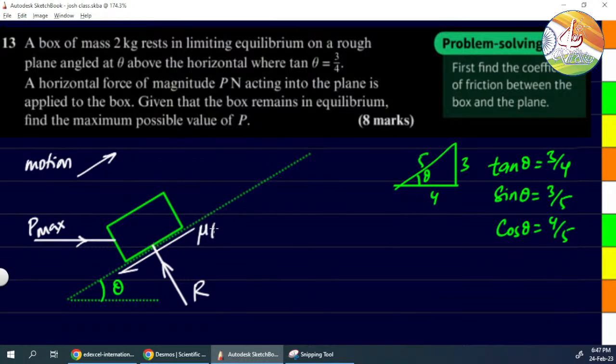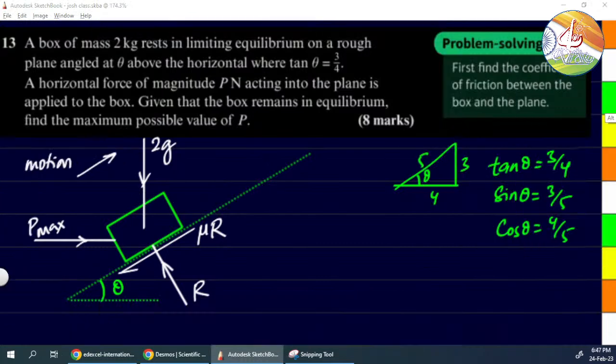This will be in limiting equilibrium. Then the downward force is the weight. The mass is 2 kg, so the weight is 2g. Anything else? That's it.